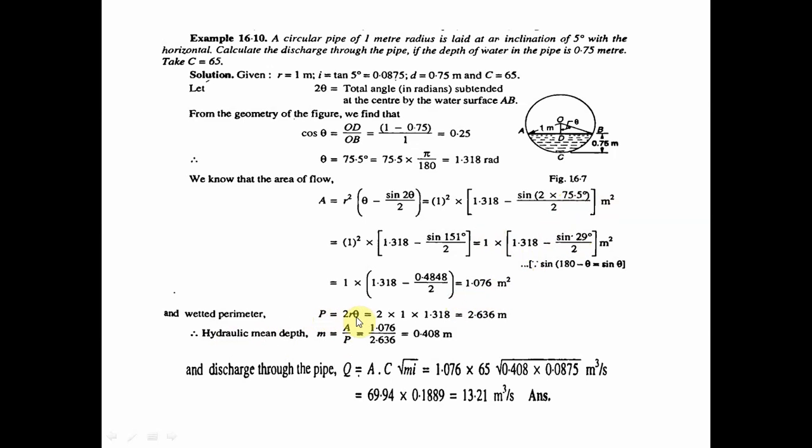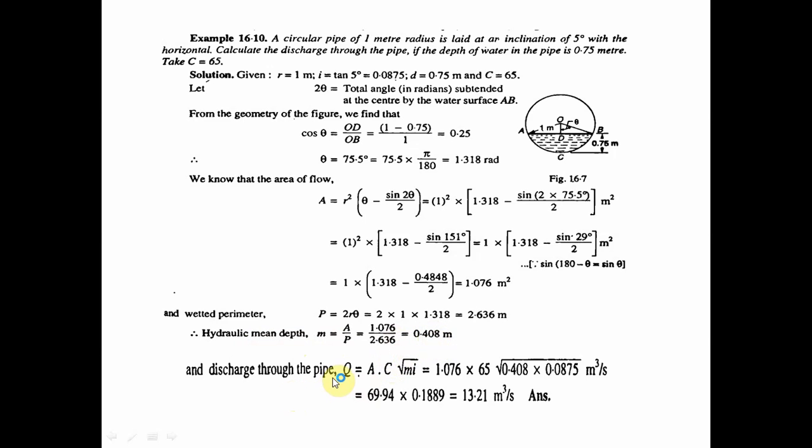And wetted perimeter P is equal to 2 R theta, that is 2 into 1 into 1.318, which comes to about 2.636 meters. Therefore, hydraulic mean depth M equals A upon P, that is 1.076 divided by 2.636, equal to 0.408 meters.